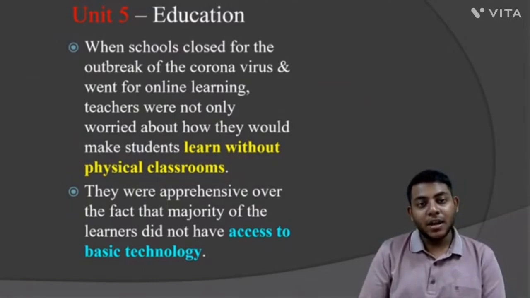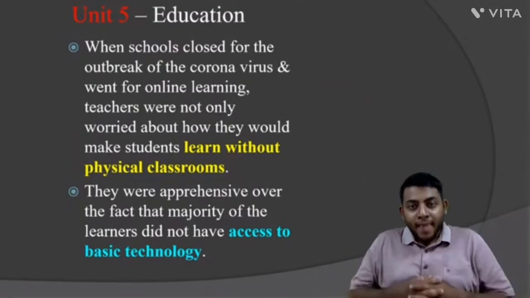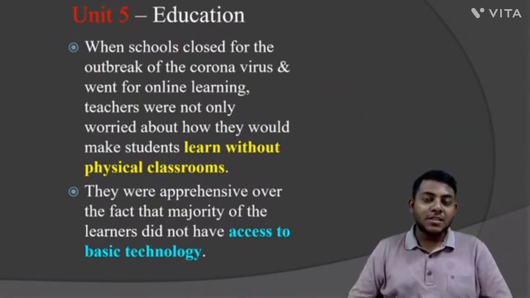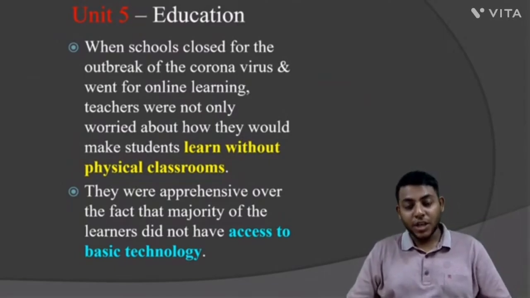So a provision relating to education has been inserted in the fundamental duties as well. Article 51A clause K basically says that a parent or a guardian has to provide opportunities for education to his child or, as the case may be, ward between the age of 6 and 14 years.